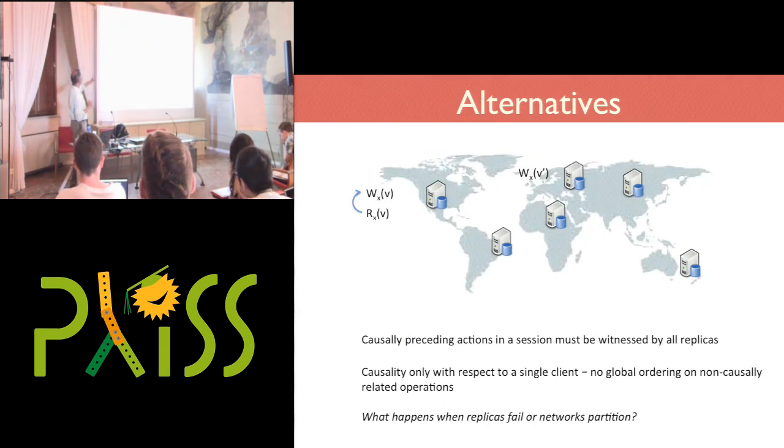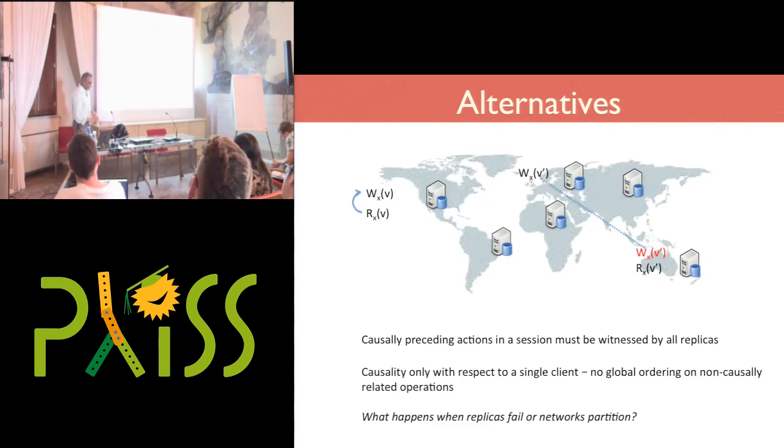So for example, if I write v to x, I expect to read v if I dereference x, right? If I write v prime to x and I propagate v prime, I expect to see v prime.